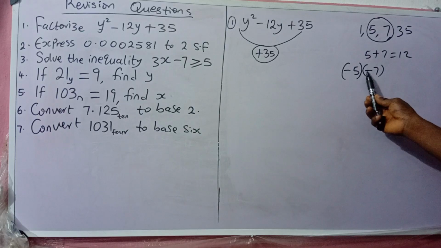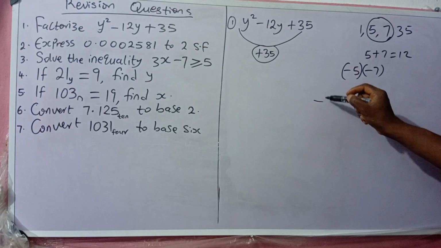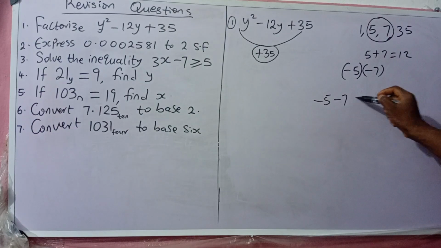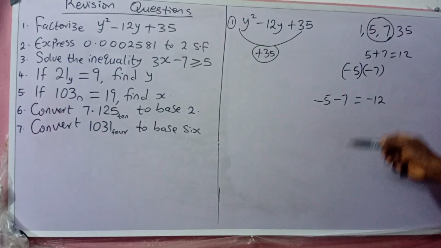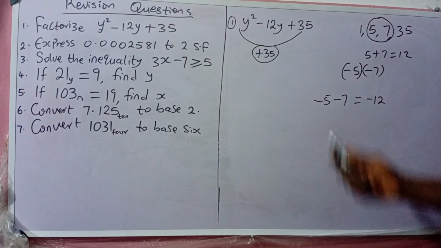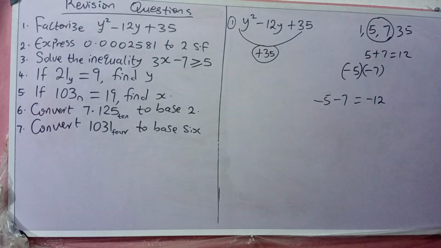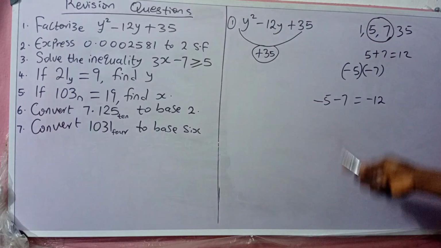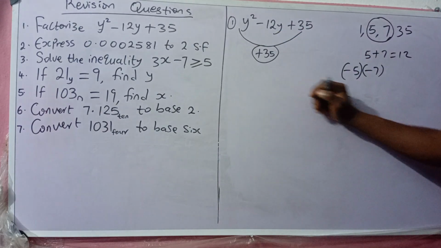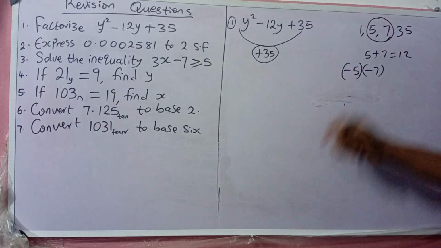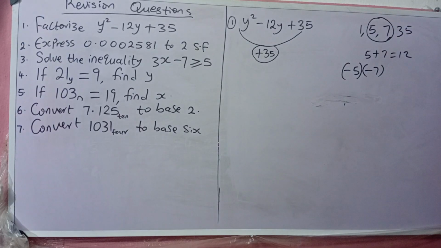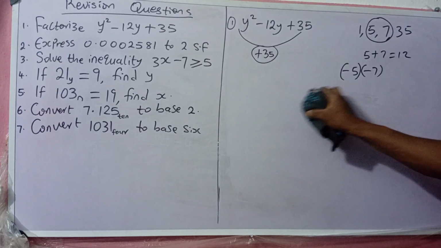Negative 5, negative 7, that will give us negative 12. That means these two numbers have met the condition. So we'll be making use of the two factors of 35, which are minus 5 and minus 7.